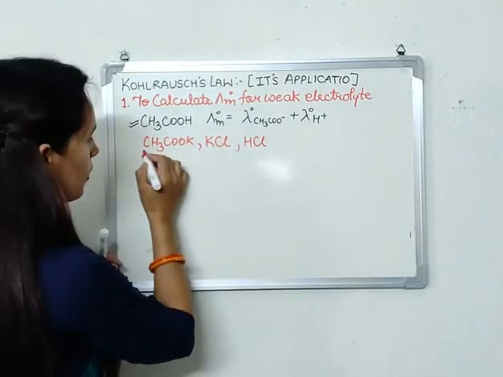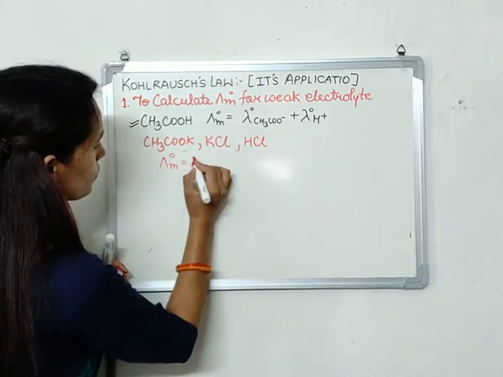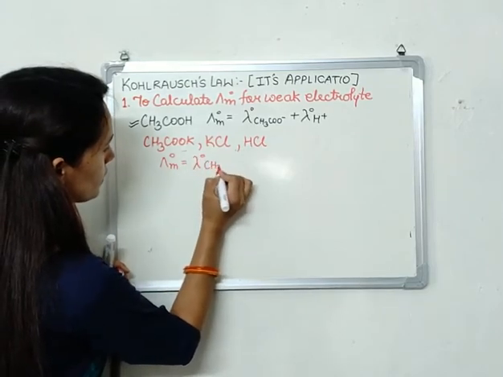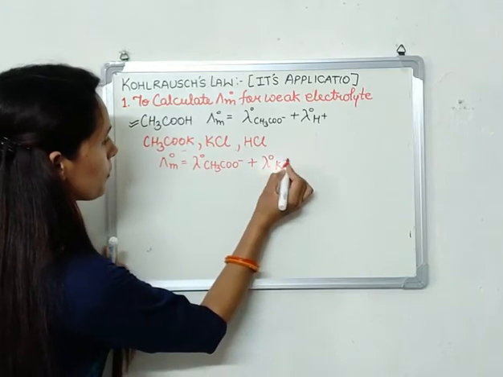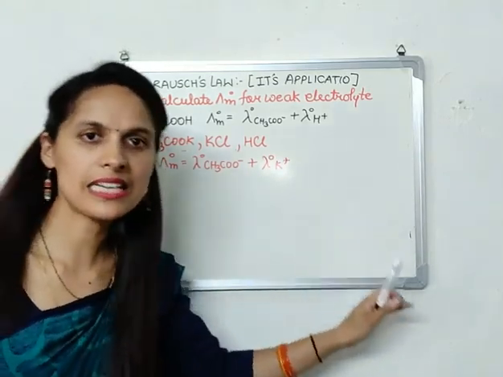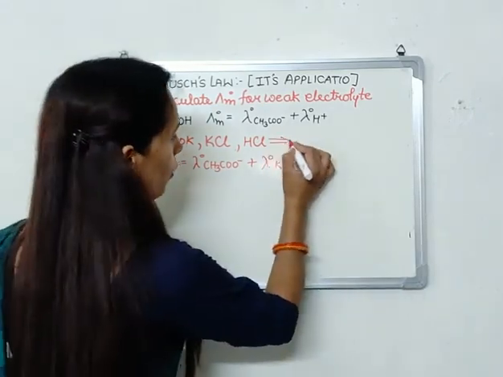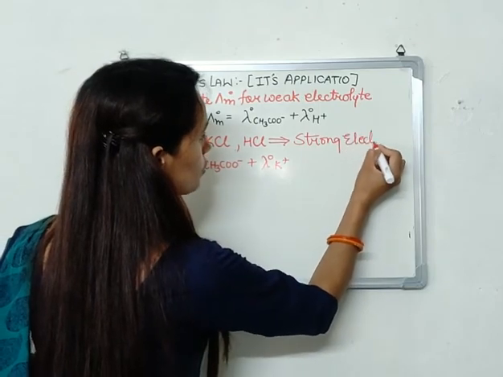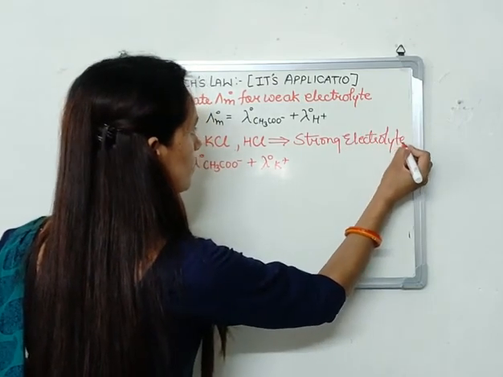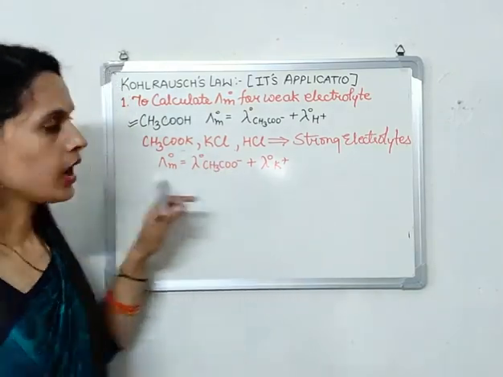Now, the molar conductivity of the first is equal to the ionic conductivity of CH3COO negative plus the ionic conductivity of K positive. This we can easily get through the graph because these all are strong electrolytes. So we can easily get the molar conductivity for this.